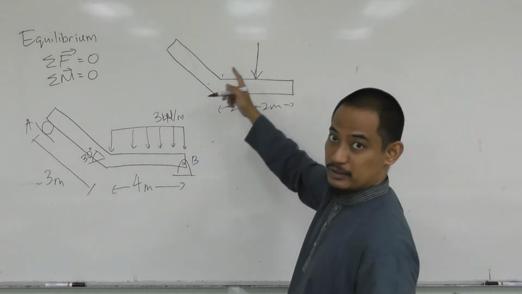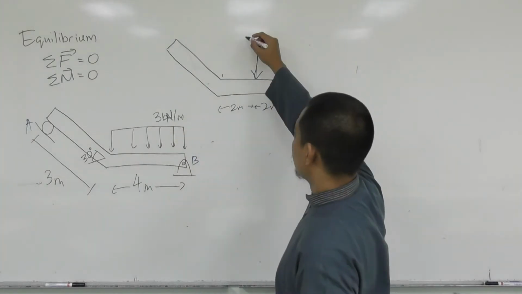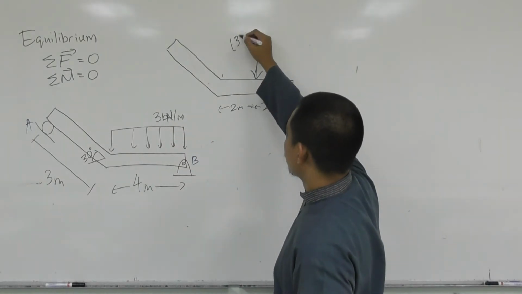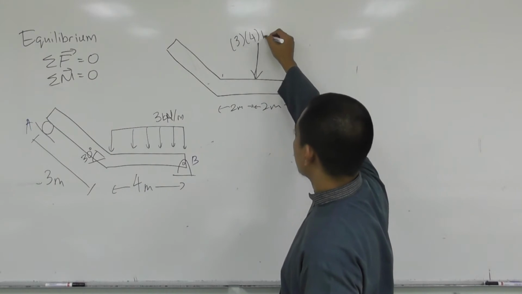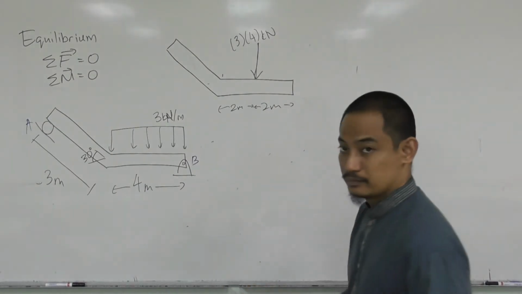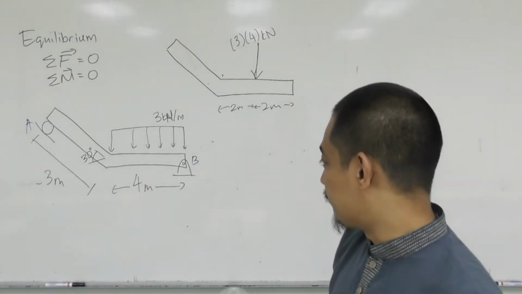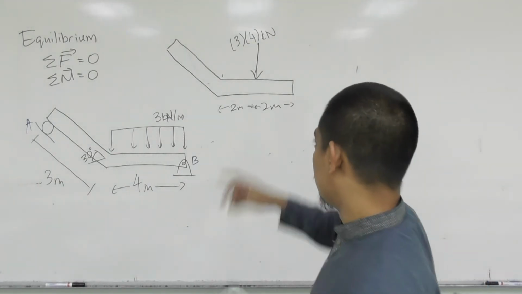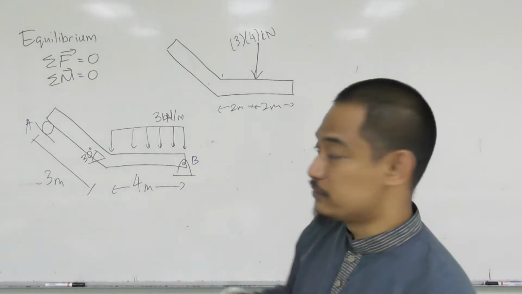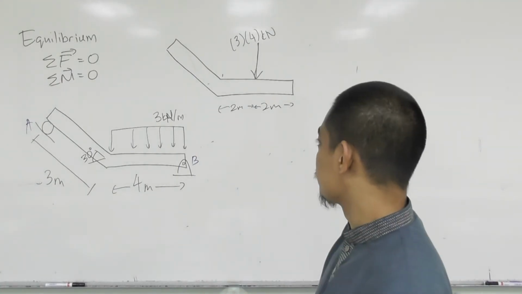And the value should be just the area of the graph, so that's 3 kilonewton per meter multiplied by 4 meter, which is 12 kilonewton.